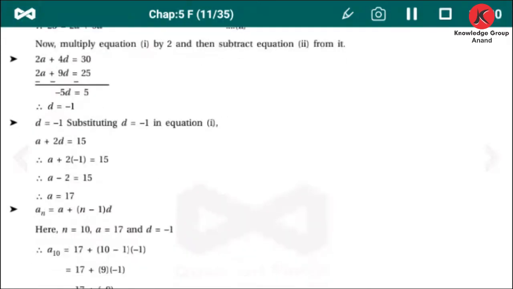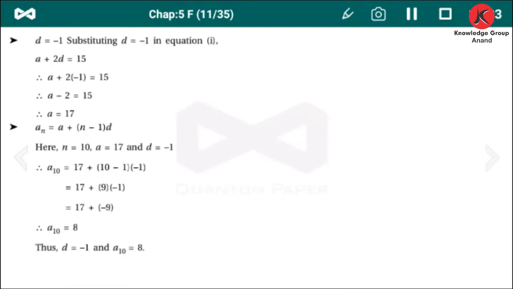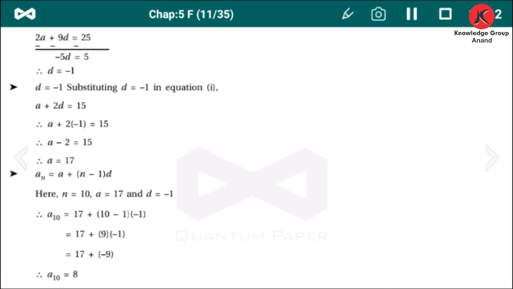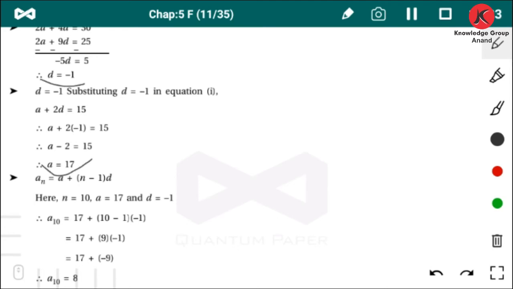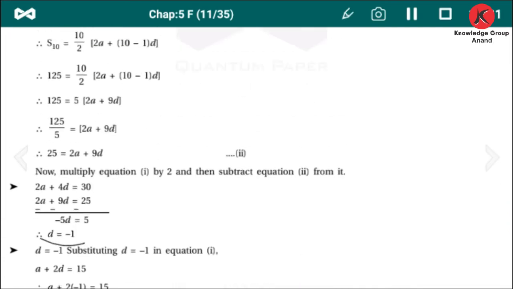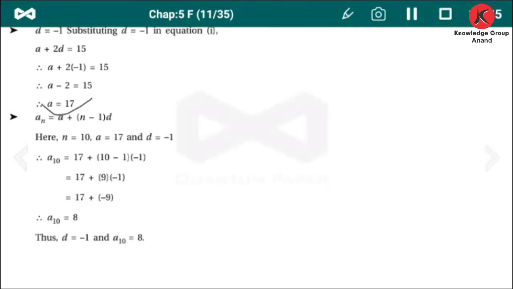A10 is equal to A plus n minus 1 into D. A is equal to 17, plus 10 minus 1, which is 9, into the difference, which is minus 1. A is equal to 17, and putting the values in the formula An is equal to A plus n minus 1 into D, we get A10 is equal to 8.